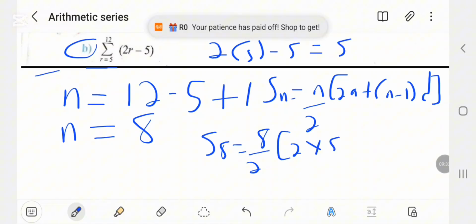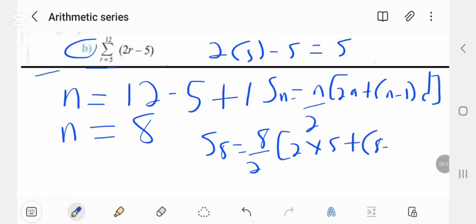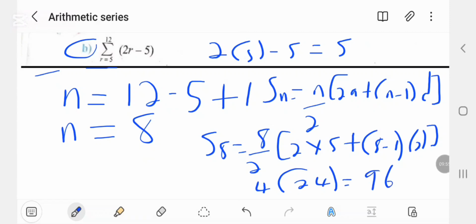So the first term is 5. The number of terms is 8 minus 1. What's the difference? The difference is 2. Now we have 4. Then after simplifying everything, I have 24 here, which gives me 96. So that's the answer.